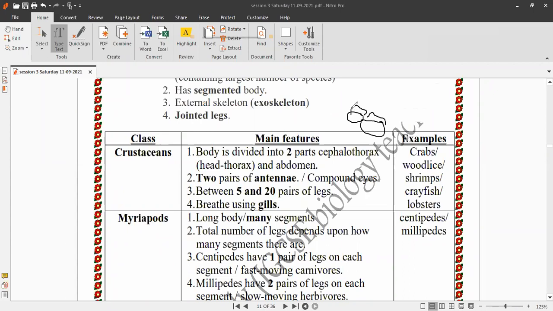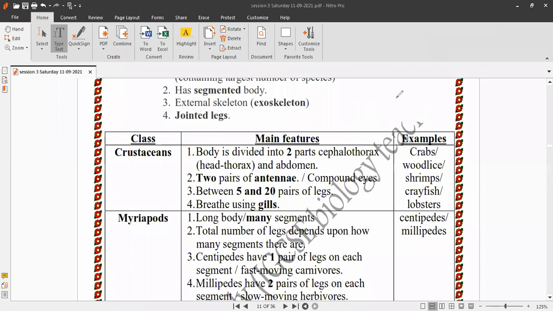And 2 pairs of antennae and compound eyes, and between 5 to 20 pairs of legs. Focus here on the number of legs, please. So between 5 and 20 pairs of legs, like shrimps. They breathe using gills underwater.